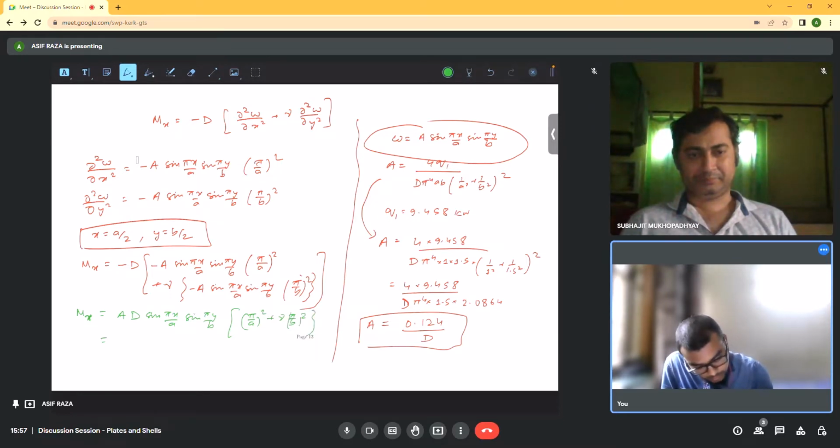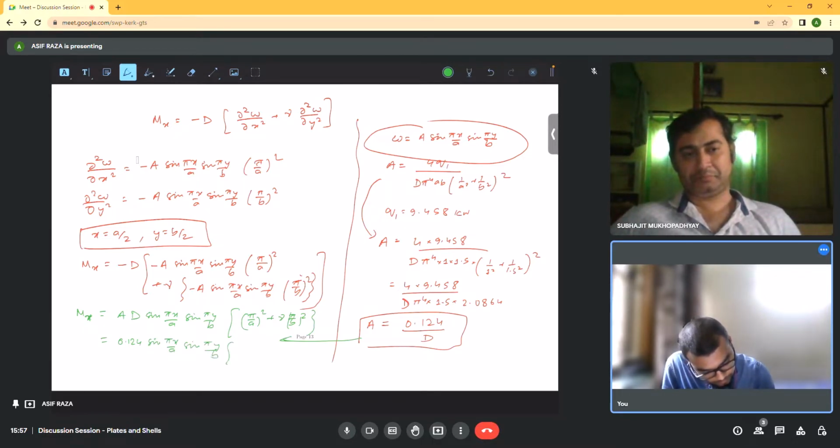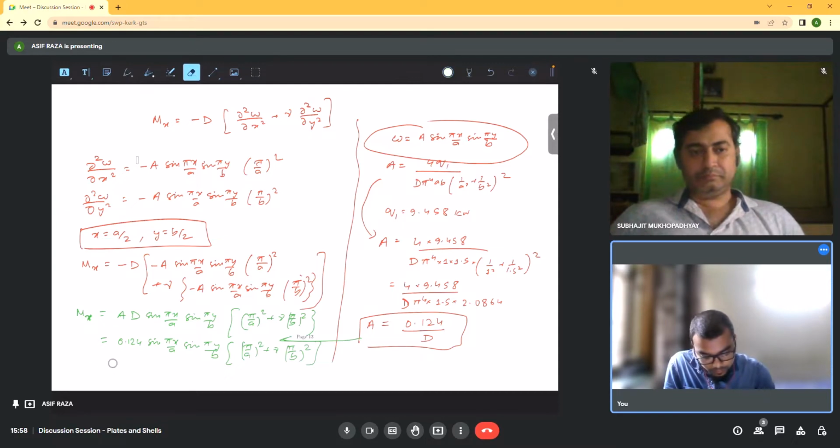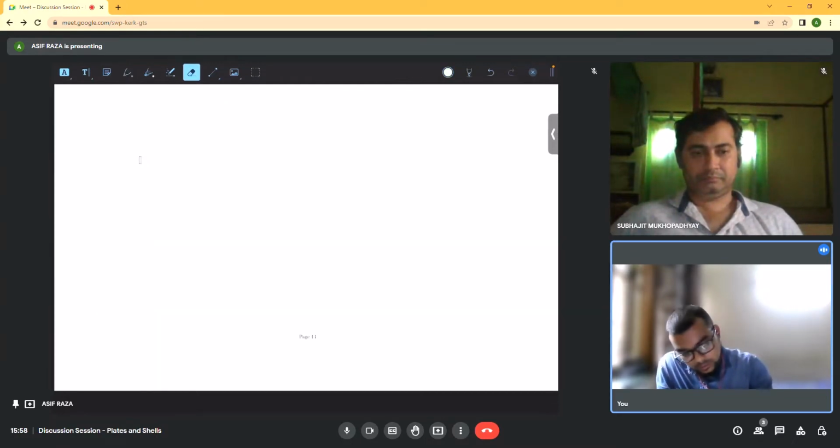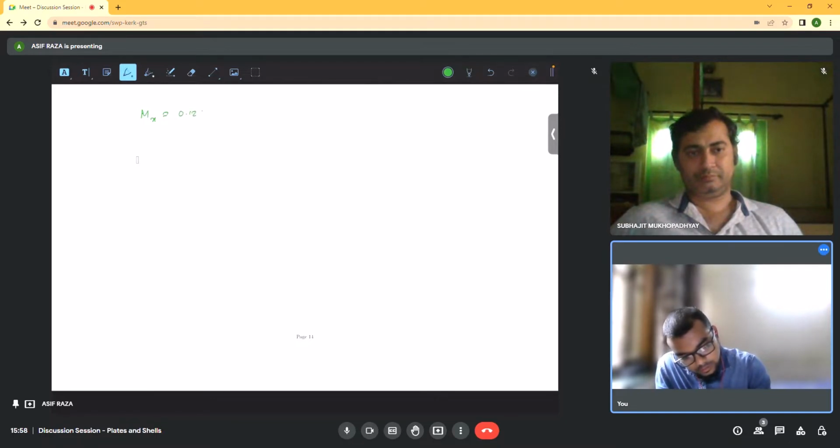So if we substitute the value of A, we'll get 0.124 sin(pi x by a) sin(pi y by b) times [(pi by a) whole square plus mu (pi by b) whole square].